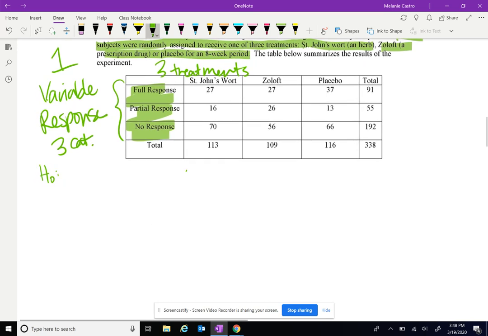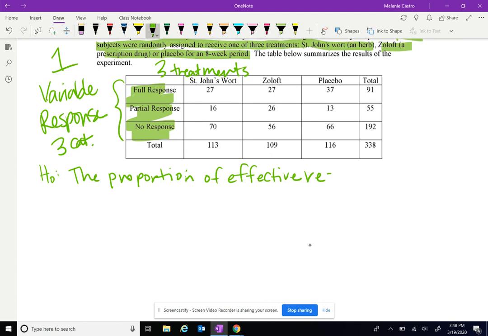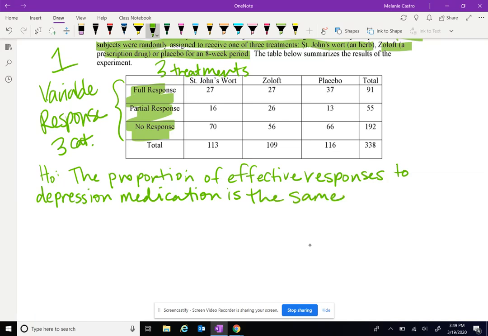The proportion of effective responses to that depression medication is the same for each treatment group.